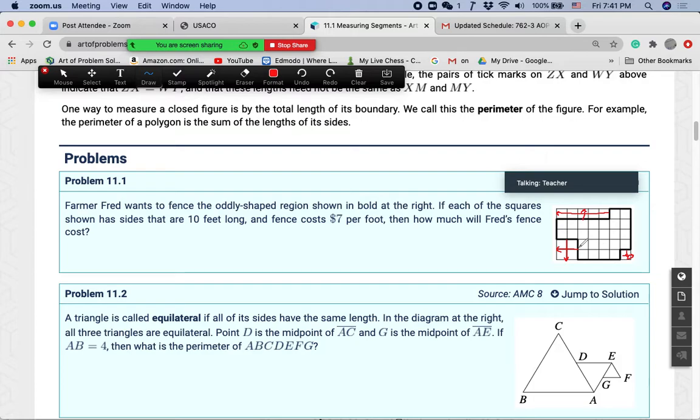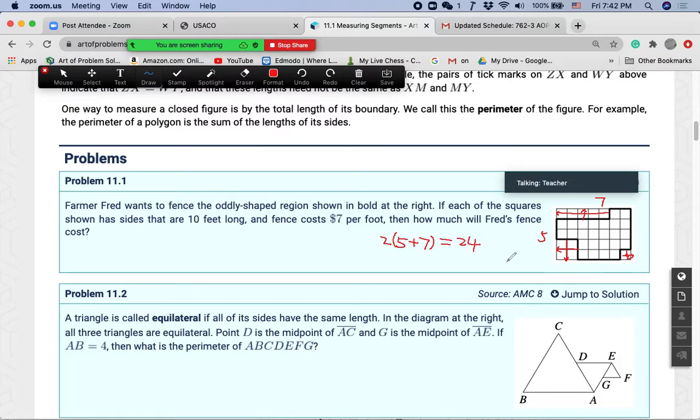For this rectangle, the perimeter is very easy to calculate because this length is 1, 2, 3, 4, 5, 6, 7, seven little line segments. For the width, that's 1, 2, 3, 4, 5, right? So the perimeter of this rectangle is 5 plus 7, then times 2. So you get 24.